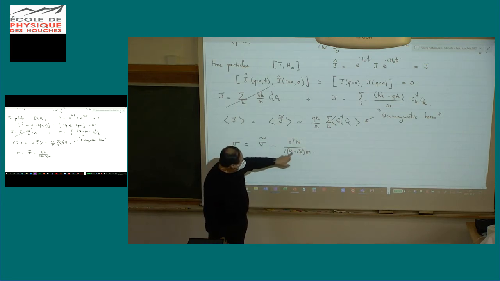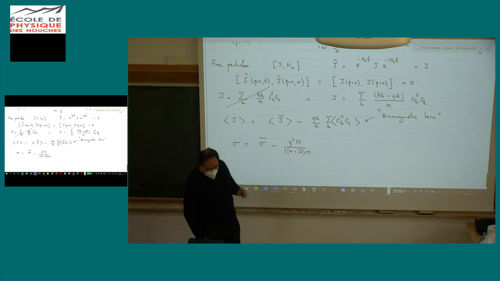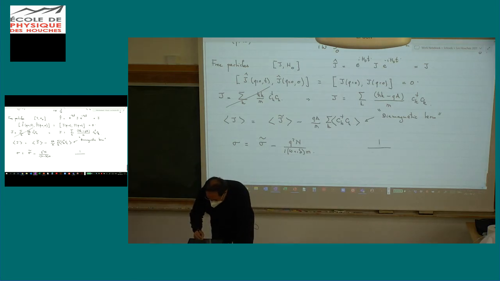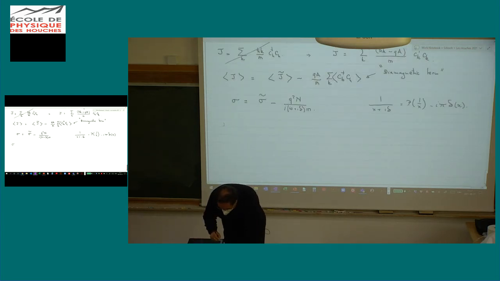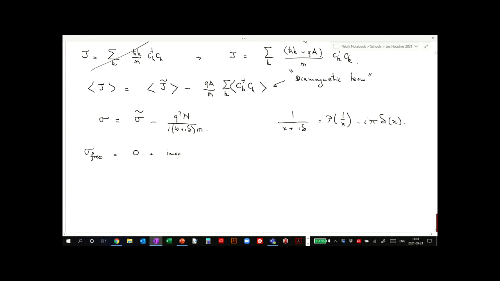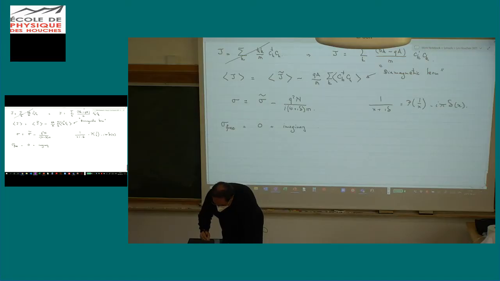Now I use the usual representation of 1 over x plus i delta. So I remind you that 1 over x plus i delta is the principal part of 1 over x minus i pi delta of x. And if you do this, you will find that for free particles, this is 0. And then this second term gives a term which is imaginary, but it also gives a term which is plus q squared times n divided by pi m times delta of omega.